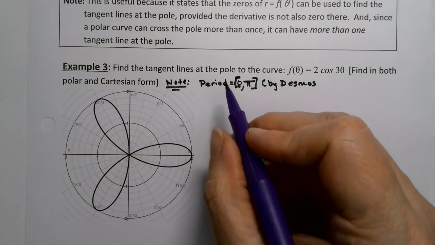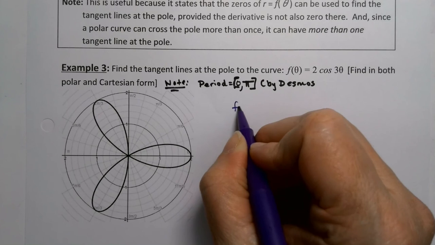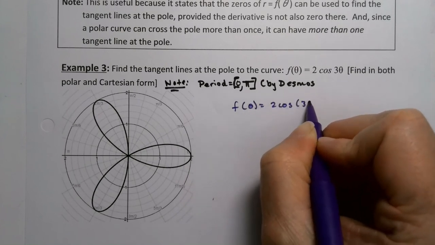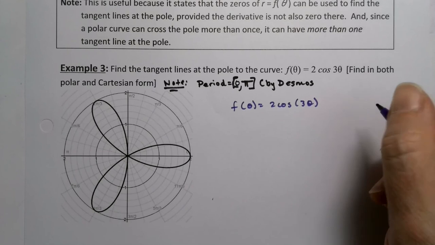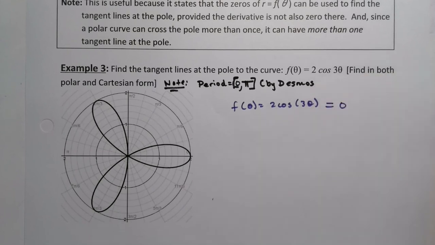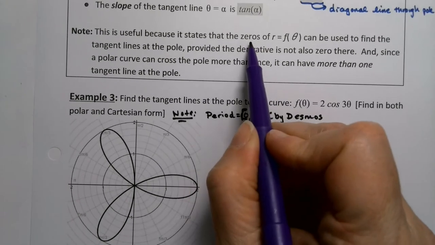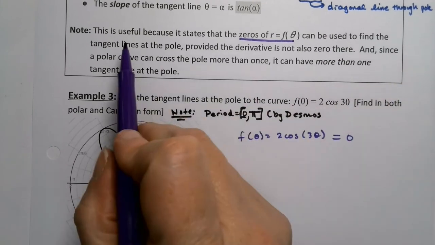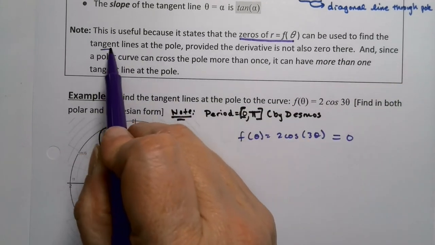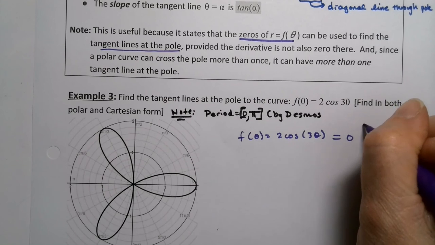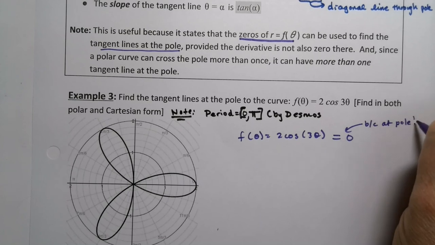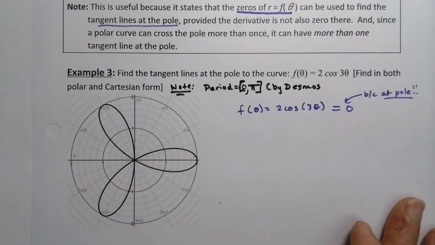So if I want tangent lines at the pole, I would set it equal to 0, right? Because I'm finding the zeros. The zeros of this function will be places where the tangent line at the pole exists, right? So I'm going to set it equal to 0 because I'm looking for tangent lines at the pole. Right? That's why it's equal to 0.